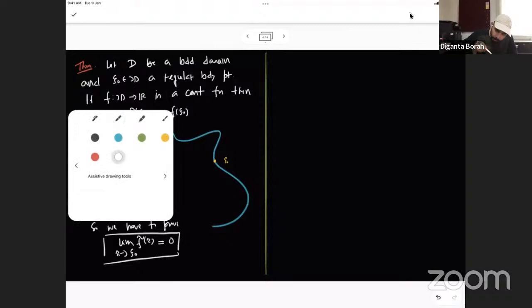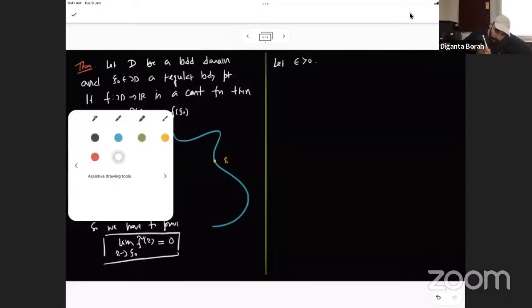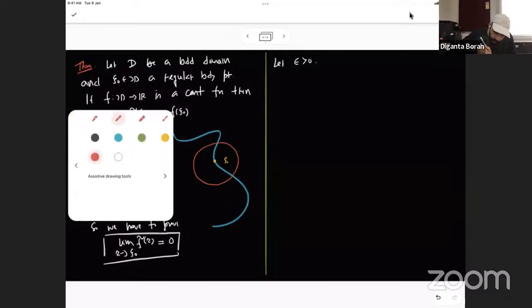Let epsilon greater than 0 be given. I have to produce a delta such that if I am in a delta neighborhood of zeta naught and inside D, then the modulus of f tilde is not more than epsilon. To find this delta, first of all, let's do the following.